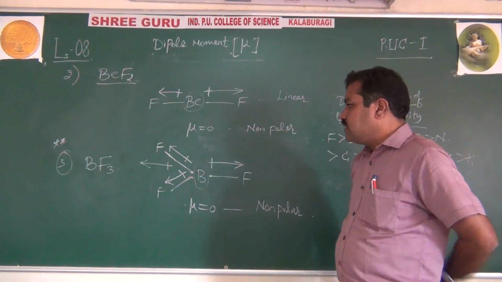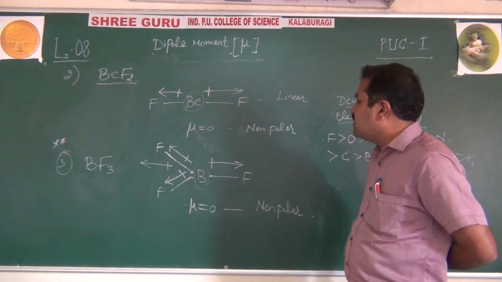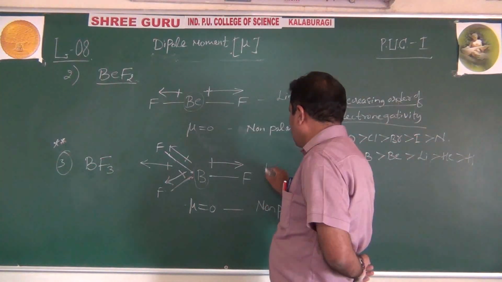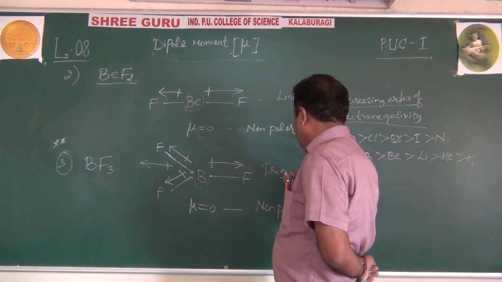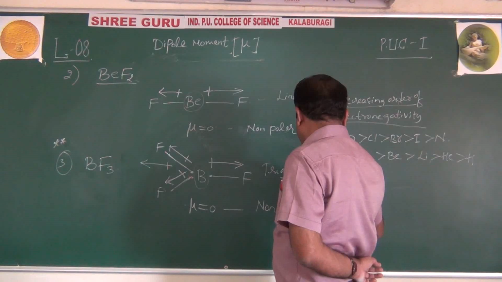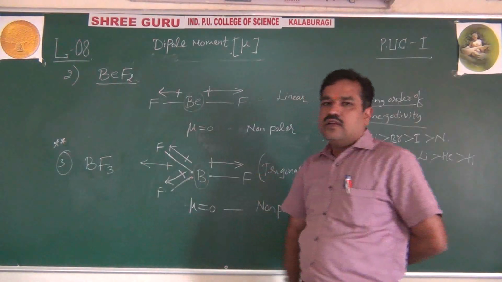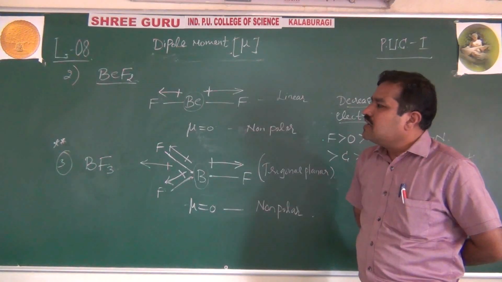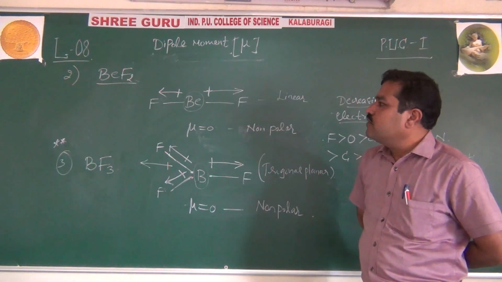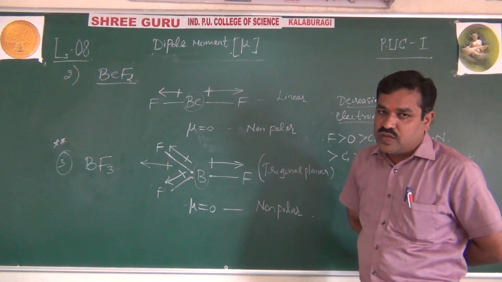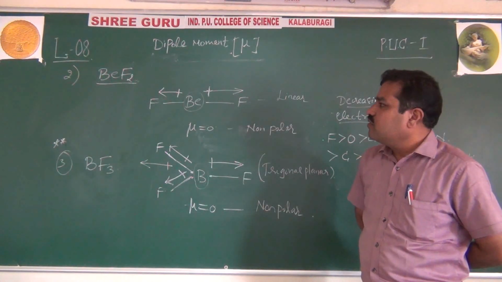Like this, we have to decide based upon the electronegativity. See here, this has a trigonal planar structure, which we will explain in valence bond theory and VSEPR theory. That means this dipole moment indirectly not only decides polarity, it even helps to some extent to know the shape or geometry of the molecule.